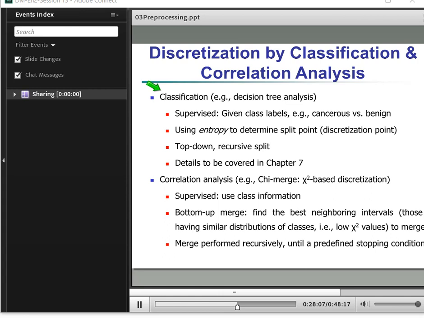But shortly, we can say that classification is a supervised technique. It's top-down with recursive splitting. The details of classification will be covered in the near future in chapter 8.